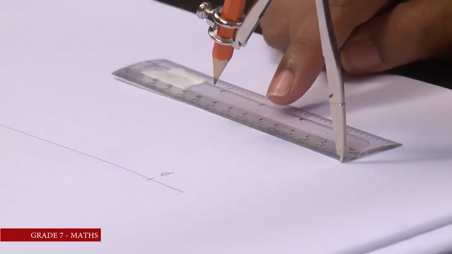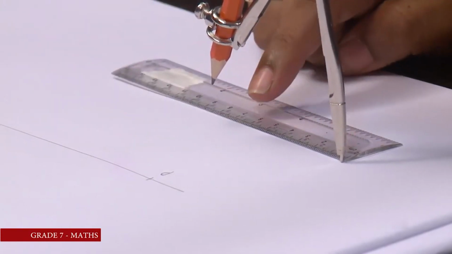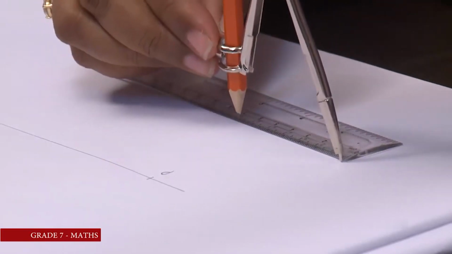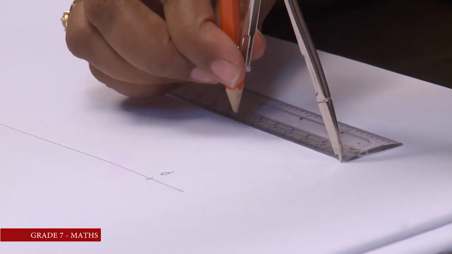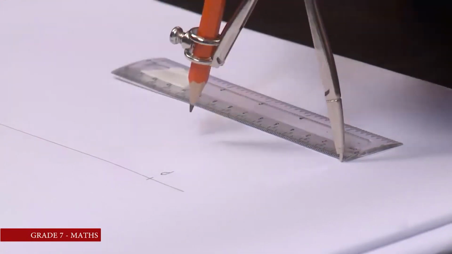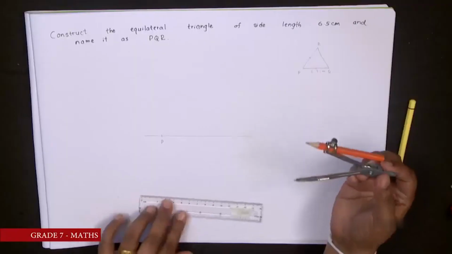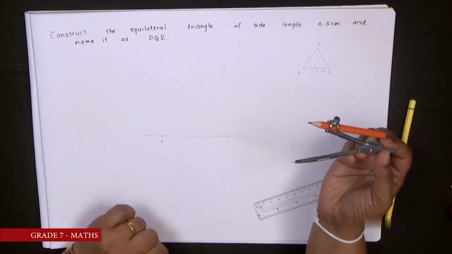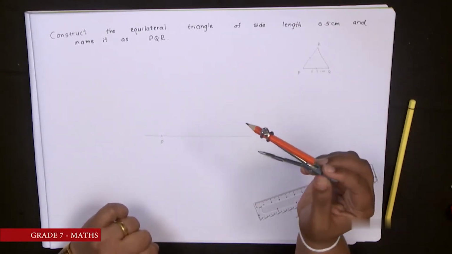So, we can see 6 here. Count 5 lines from that. Then you can find 6.5 centimeters. So, place the tip of your pencil on 6.5 centimeters. Right. Now, I have got 6.5 centimeters to my pair of compasses.